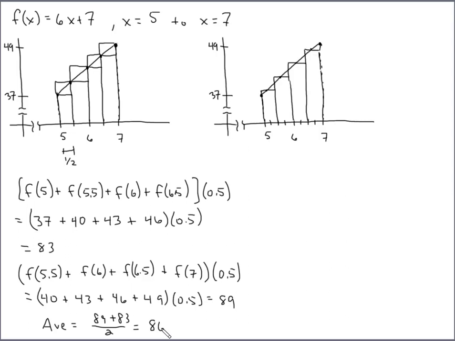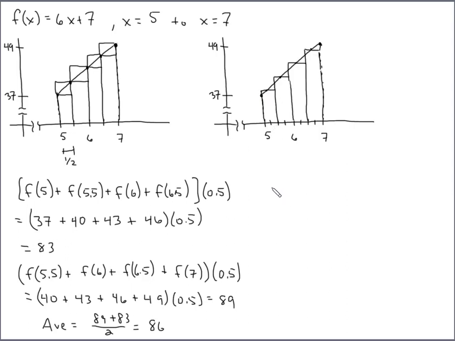Now for the midpoint approximation, we have to do it a little bit differently, so I've drawn a different one over here. We have to look at the midpoint of each subinterval. Remember that each subinterval has a width of 1/2. So now we're determining the height of each rectangle by the exact midpoint of each one. This midpoint right here, that's 5.25, and that determines the height of this first rectangle.